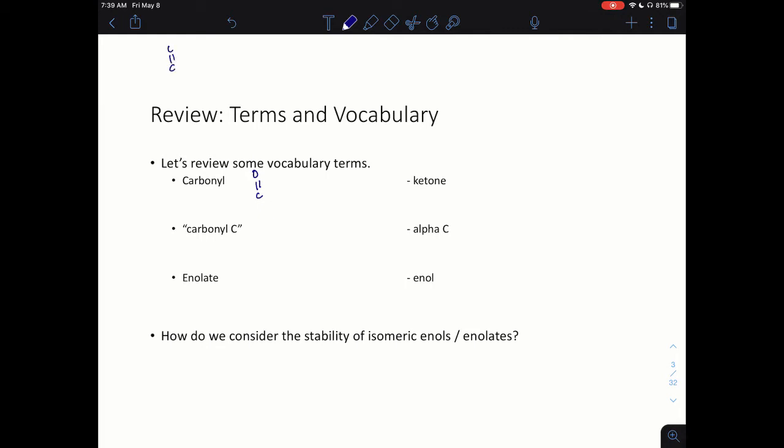For example, if we have a hydrogen atom and then some alkyl group, R, this functional group is called an aldehyde. If you had the carbonyl and a hydrogen and then some amino group, this would be called an amide. So as you know, there are many different carbonyl containing functional groups.